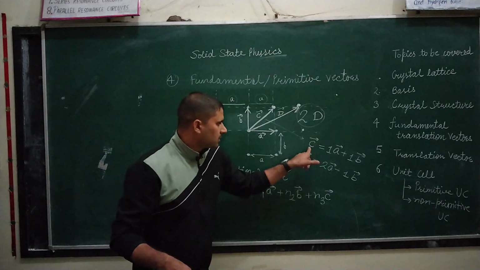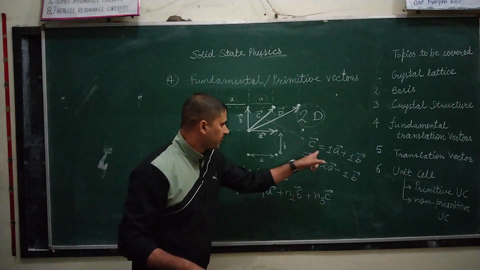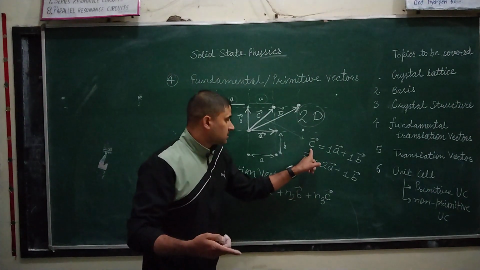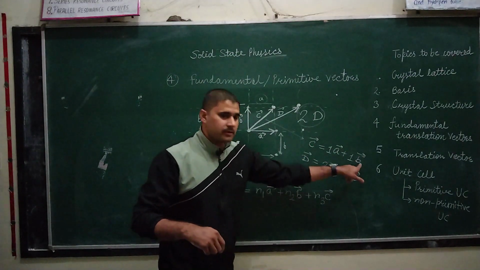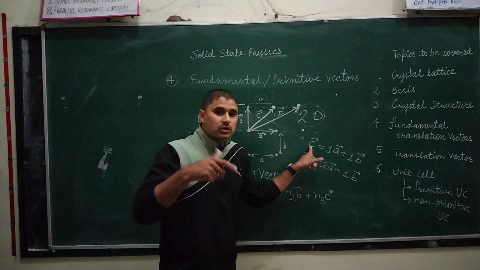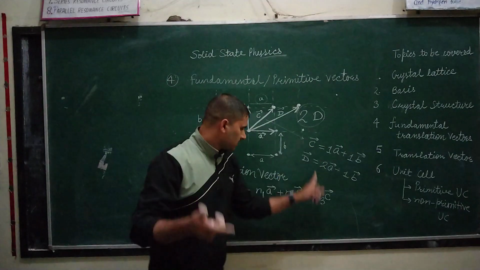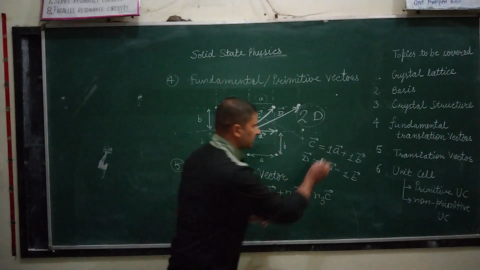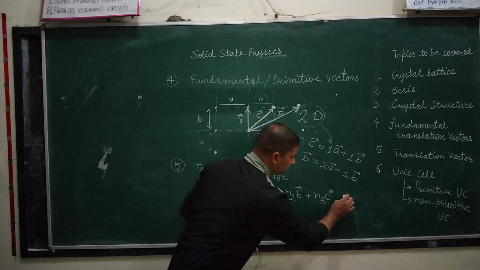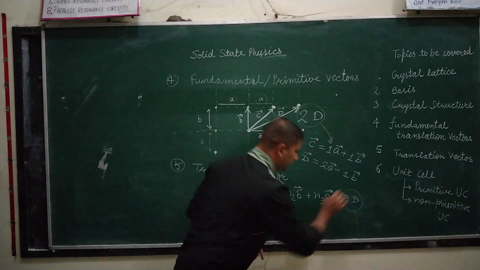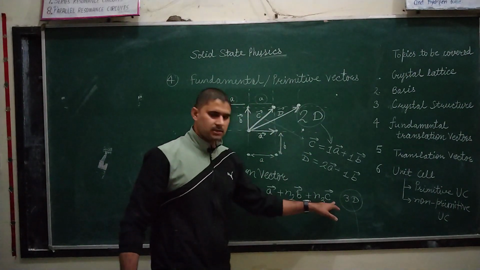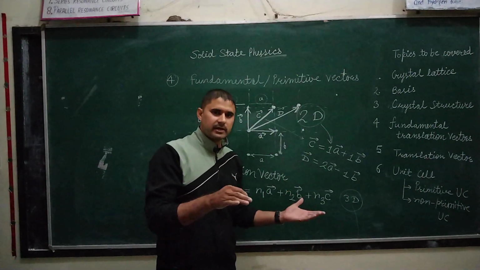Here vector C is a combination of A and B. C is not linearly independent, but that is in 2D. And this is in 3 dimensions. Vectors A, B, C are linearly independent.